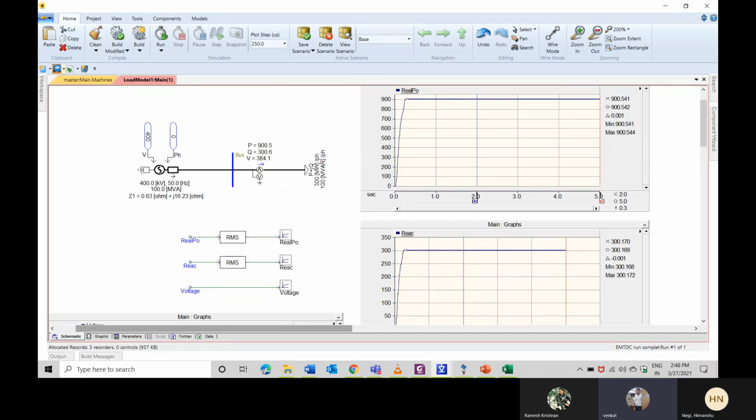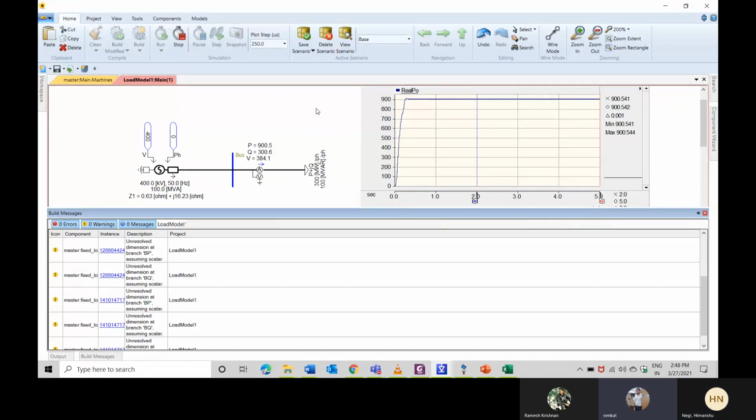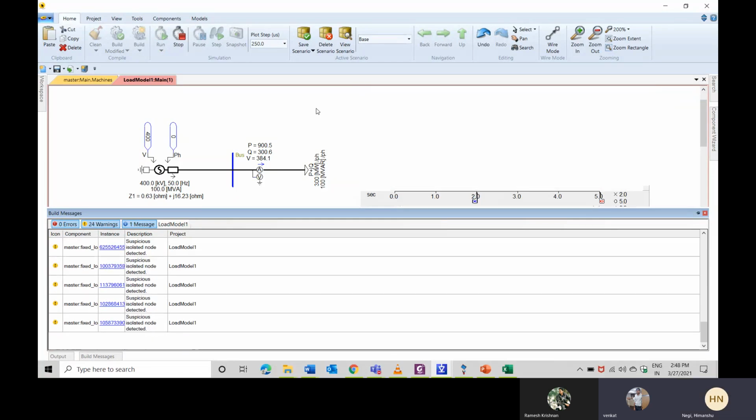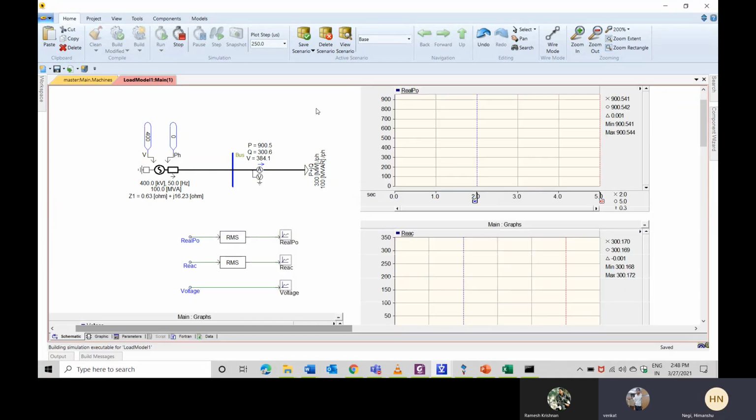Now I will run the simulation. Now the power will be different, because it depends on the square of the voltage. Can you see this?